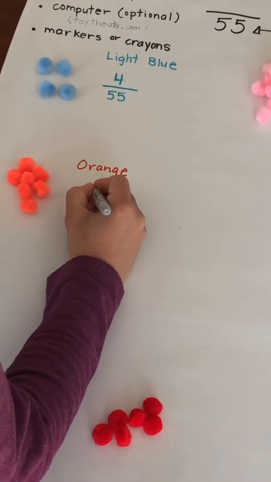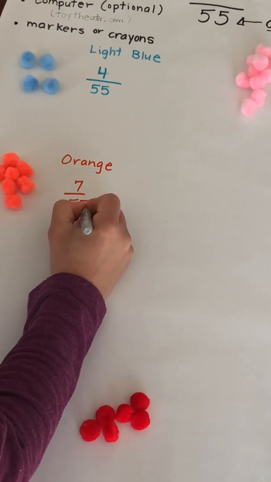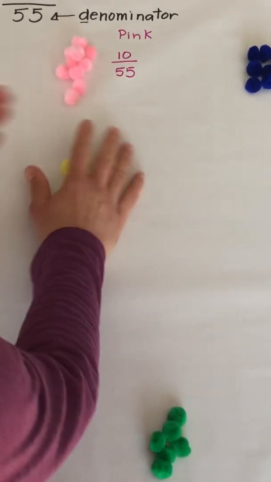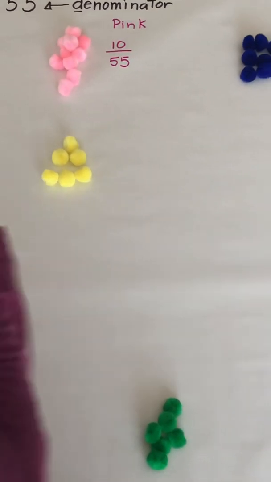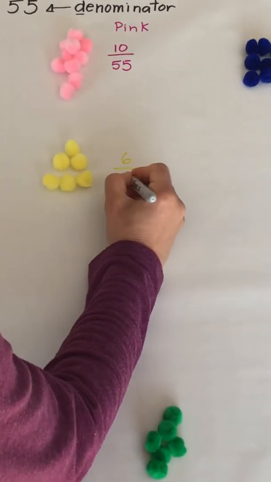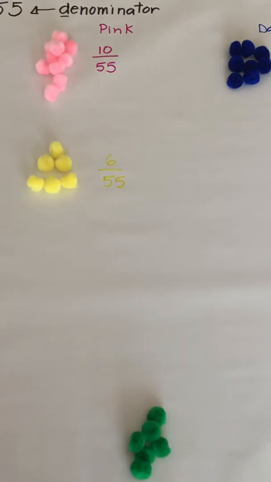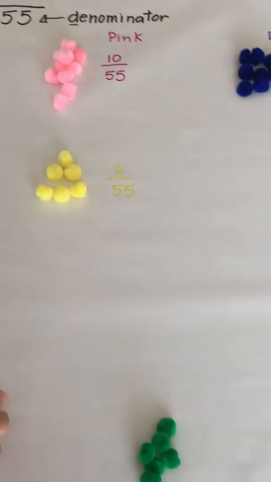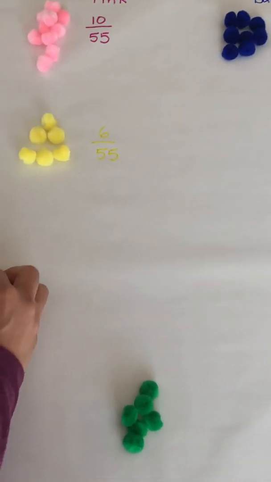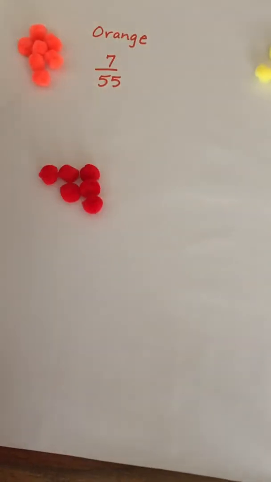So 7 orange out of 55. I have 2, 4, 6 yellow. Let's see if the yellow shows up. Okay, not bad. And I have 2, 4, 6 red.